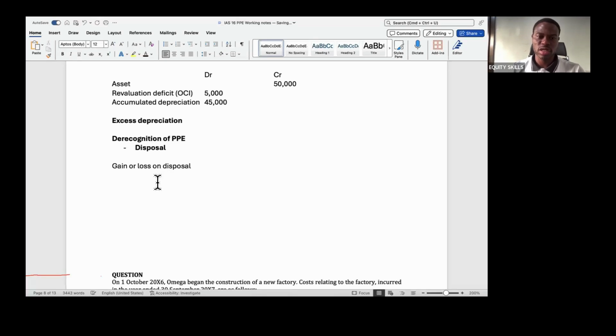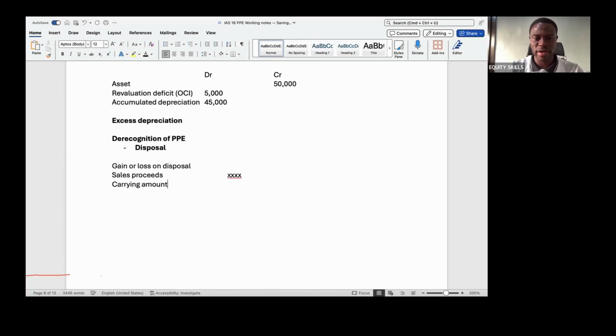And the way that is determined is by comparing the sales proceeds on that asset with the book value or carrying amount of that asset. Then, whatever you get here will become a gain or loss on disposal. Of course, it's a gain when the sales proceeds is higher, it's a loss when the sales proceeds is lower.